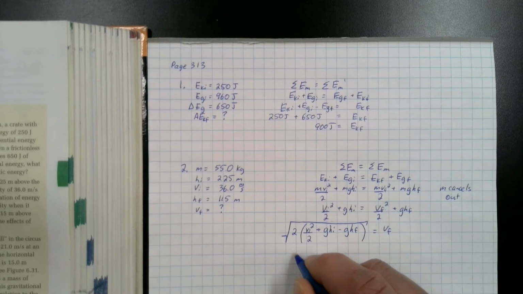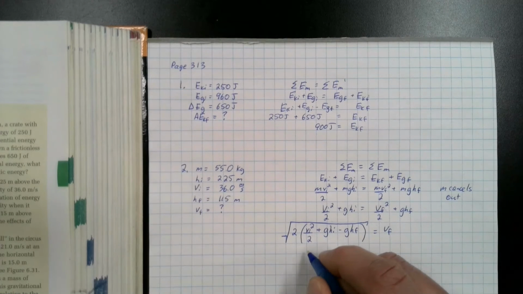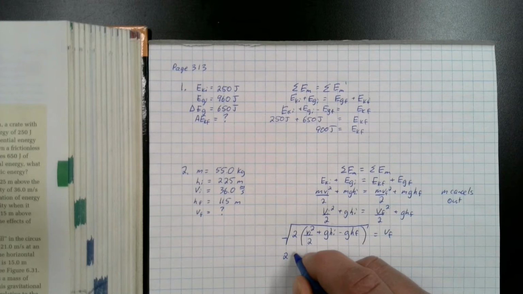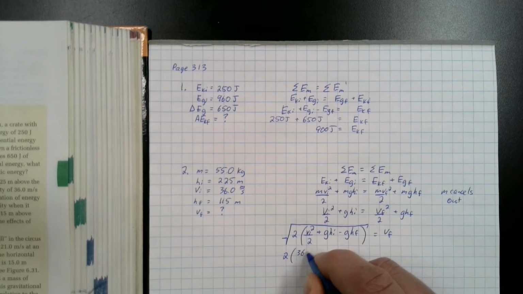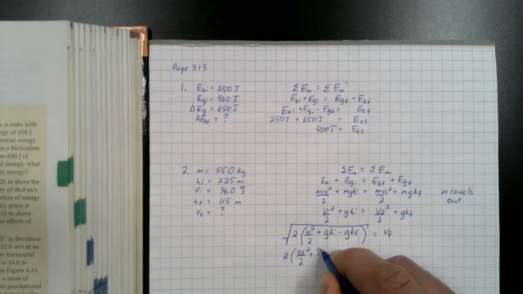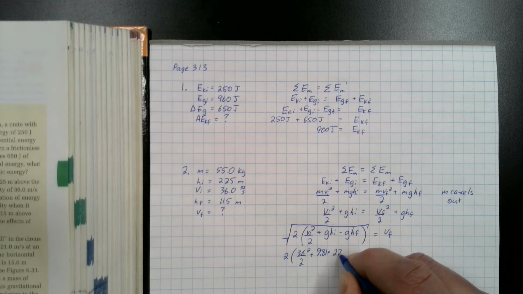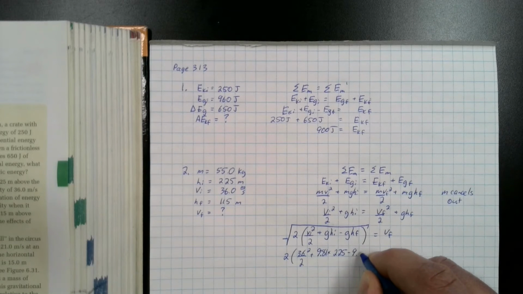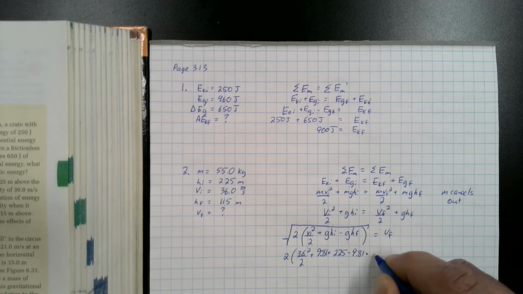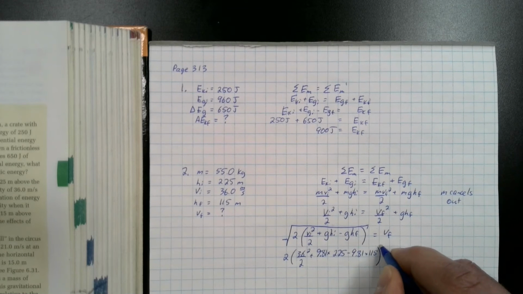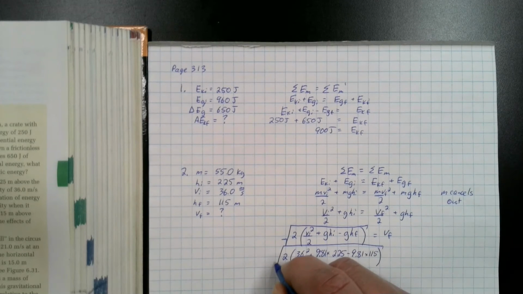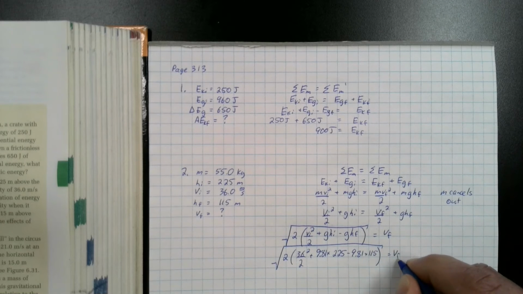So substituting in numbers, our initial velocity is 36 meters per second. So we're going to have the square root of 2 times brackets 36 squared divided by 2 plus 9.81 times our initial height of 225 meters minus 9.81 times our final height of 115 meters, close brackets, is equal to v final.